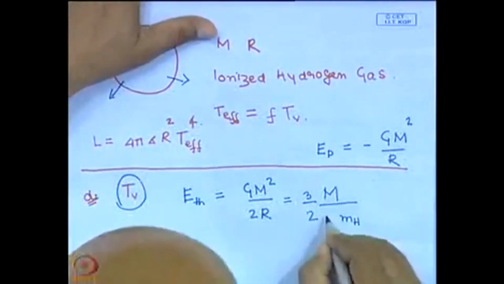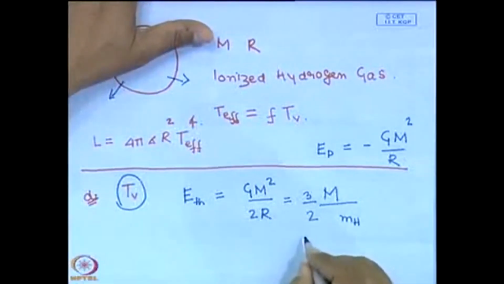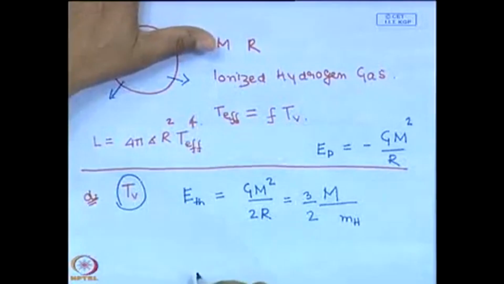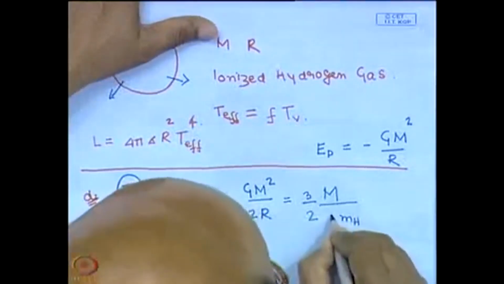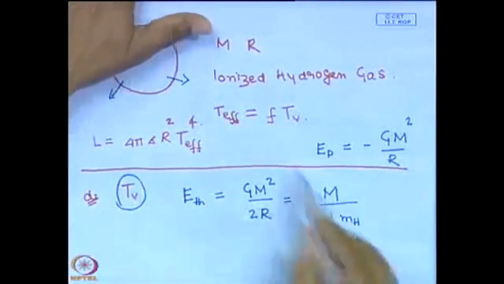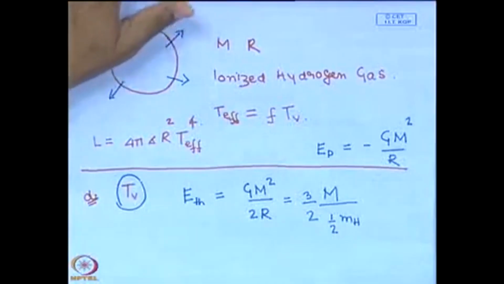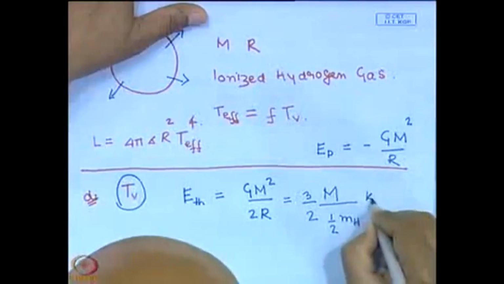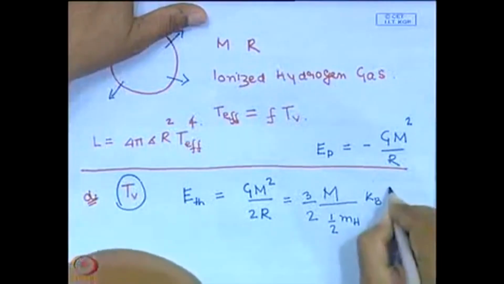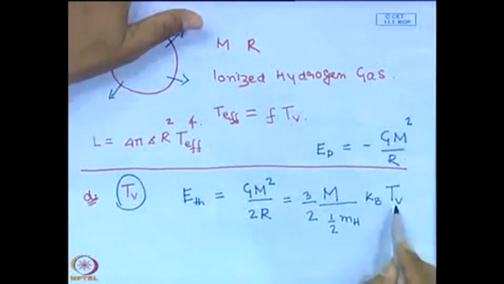So, there will be a factor of half here, or you may say that the mean atomic mass is half. Okay. So, the number of particles is the mass of this object divided by half the mass of the hydrogen atom. So, N K, the Boltzmann constant K B into T virial, that is how the virial temperature is defined.